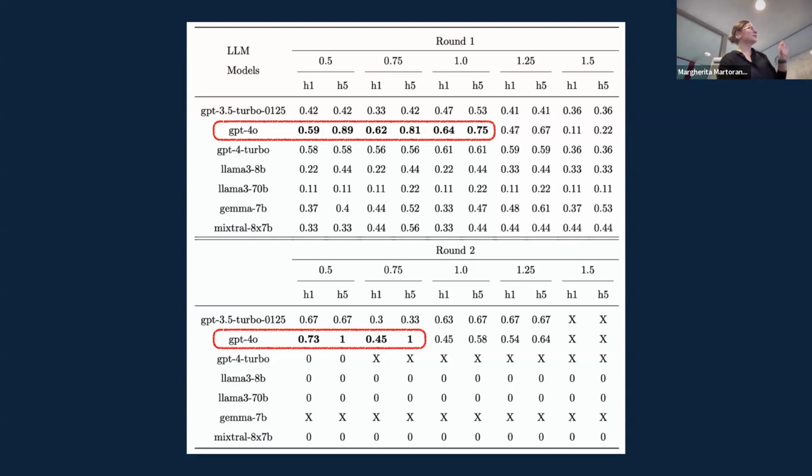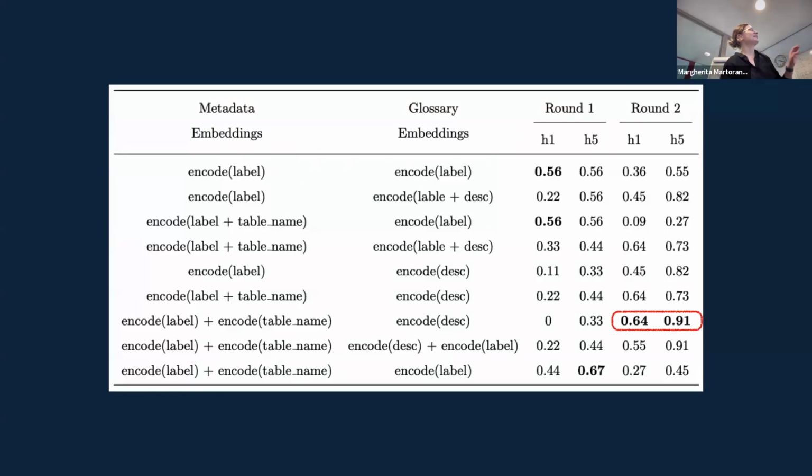But I think what I find even more interesting is the fact that sentence BERT, so a traditional semantic similarity approach, also worked great. Round one, not that much, but in round two, they pretty much outperformed the LLMs in terms of accuracy.